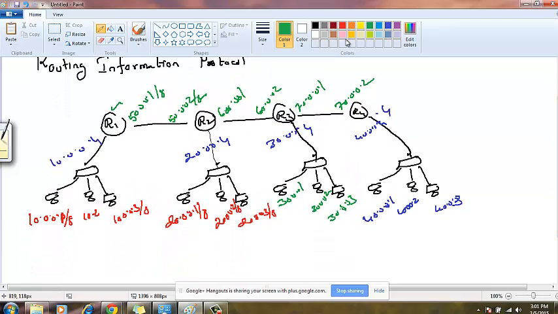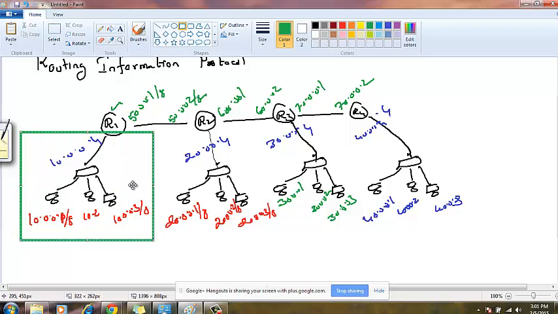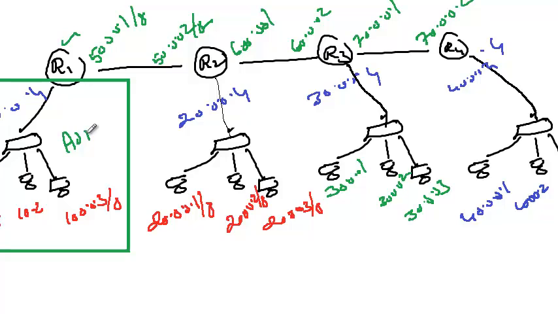Now let us assume you work in this company and you belong to this department. This is your area of responsibility. You need to take care of this local area network, belonging to Asif. Now you know only about your network, and you know about your router R1.